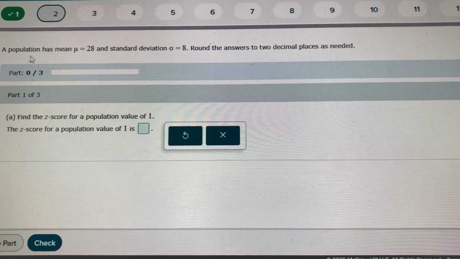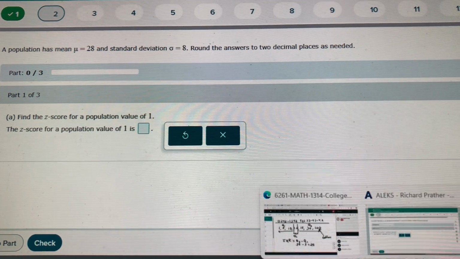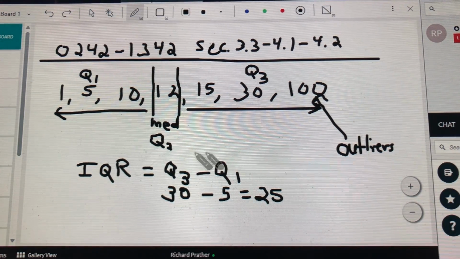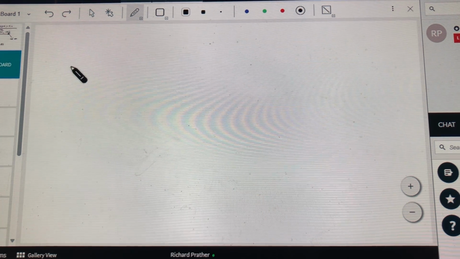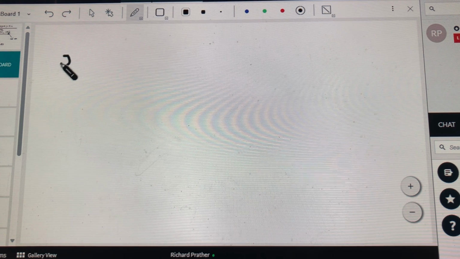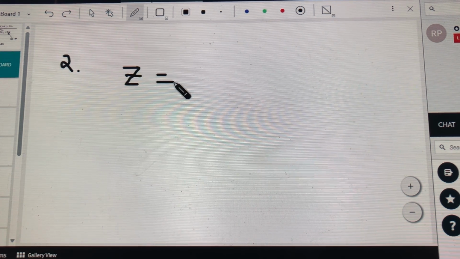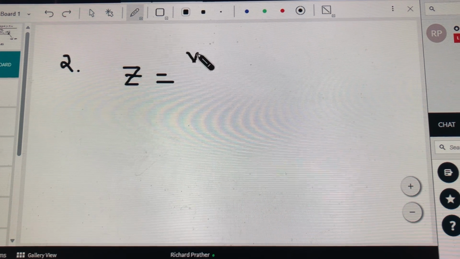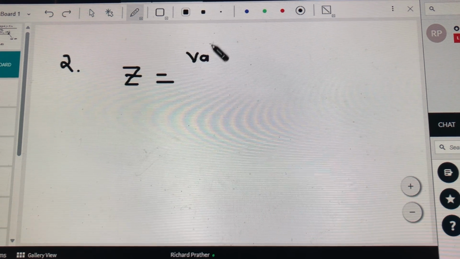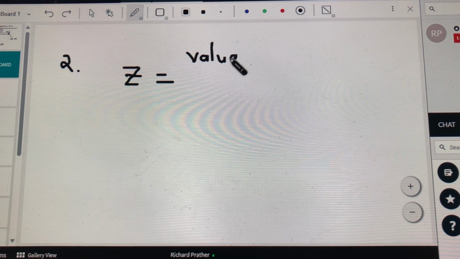A population has a mean of 28 and a standard deviation of 8, rounded to 2 decimal places. Find the z-score. Okay, so we'll come back to this. I'm pretty sure we're going to come back to this concept in a second. But another concept in section 3.3 is something called a z-score. In a z-score, you take whatever value that you're counting or measuring, whatever you're collecting data about.